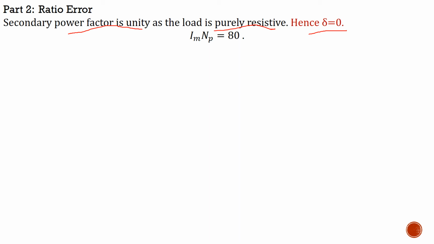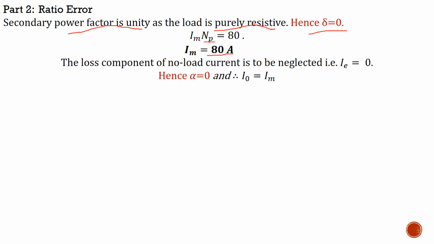We are provided with the MMF, that is 80. So we can easily calculate the magnetizing component, which comes out to be 80, as number of turns in primary is 1. Also, the loss component of excitation current is neglected. Therefore, IE becomes 0 and the excitation current becomes equal to your magnetizing current.